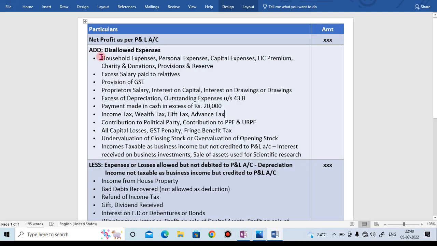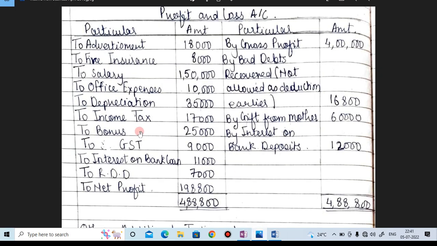Next is add disallowed expenses. I hope you know the meaning of disallowed expenses. Disallowed expenses means the expenses which are not related to the business, so those will be called disallowed expenses. You are going to identify these disallowed expenses from the debit side of the profit and loss account.